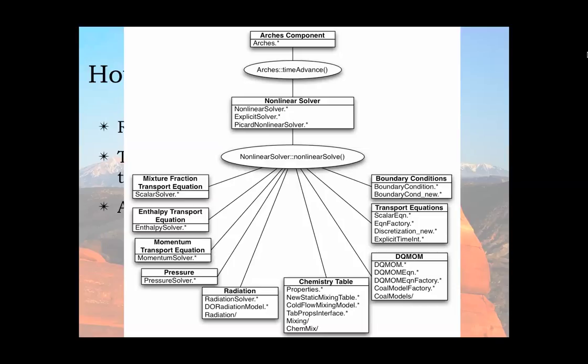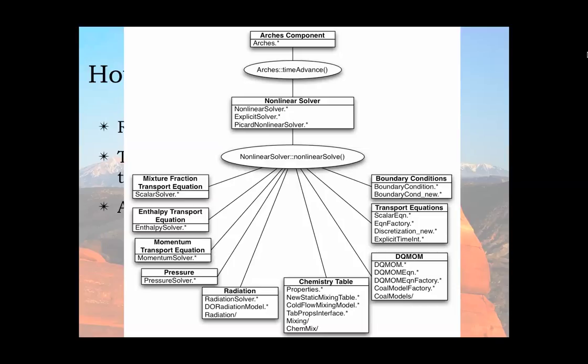So what Arches does is it calls the nonlinear solver. The nonlinear solver is the workhorse. That's where all of the actual algorithm happens. There's this method in the nonlinear solver called nonlinear solve. This nonlinear solve method goes through and it's got a list of things it needs to do, and that's part of the LES algorithm. It has connections to all of these different things: a mixture fraction transport equation, an enthalpy transport equation, momentum transport equations, which is what you'd expect.